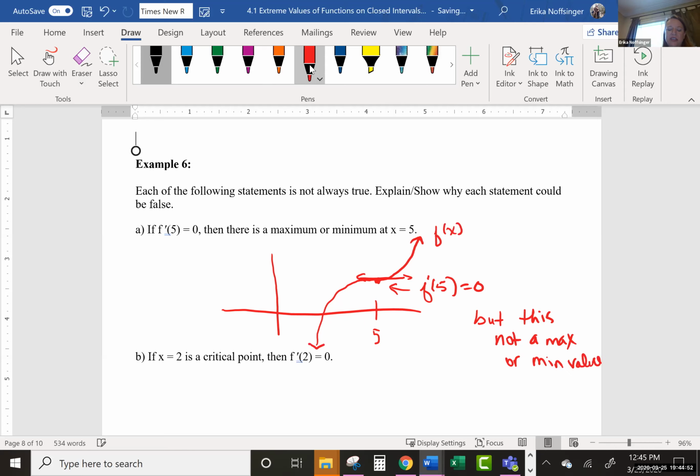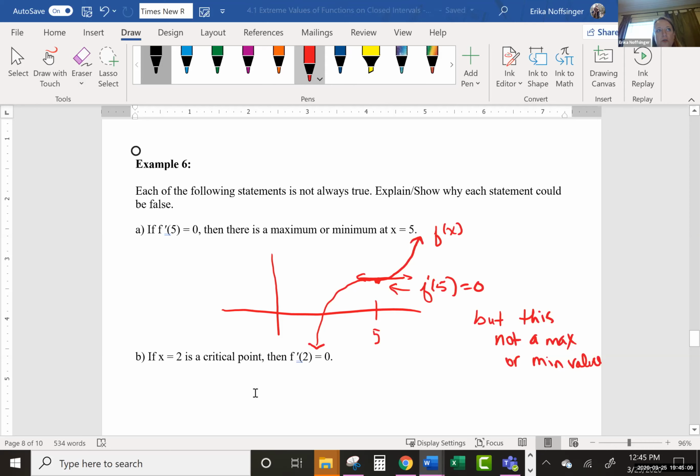So here was the case where I was saying, even though we get a critical number, we're getting that the derivative is equal to 0, doesn't mean that it's actually a max or a min. And so here's a case where our derivative is 0, but it's not a max or a min.